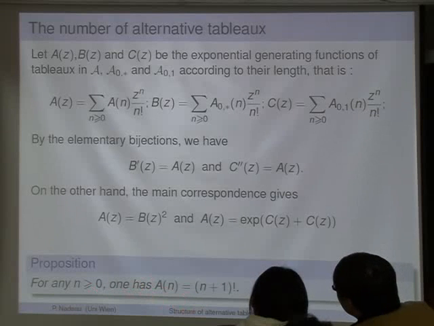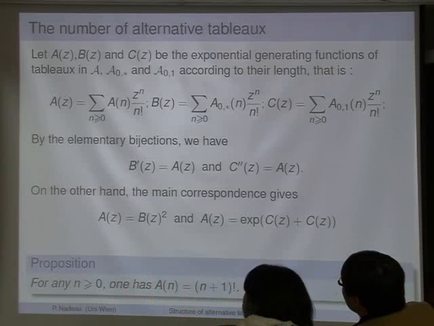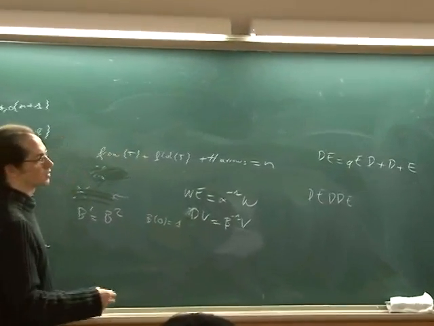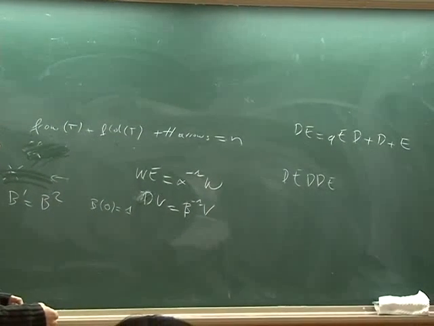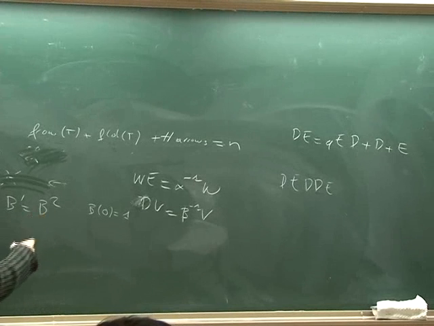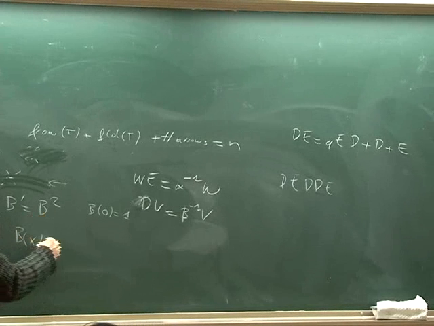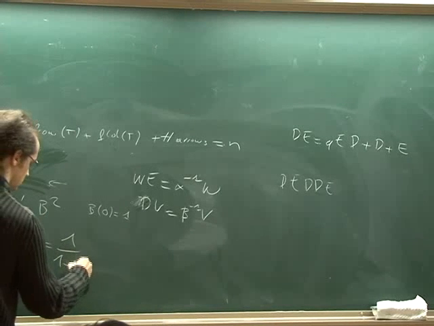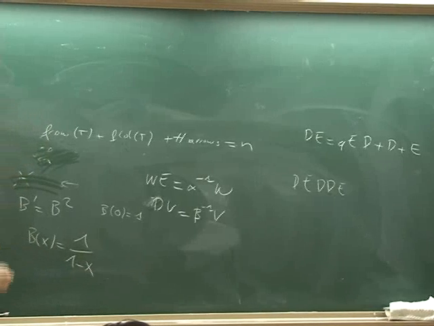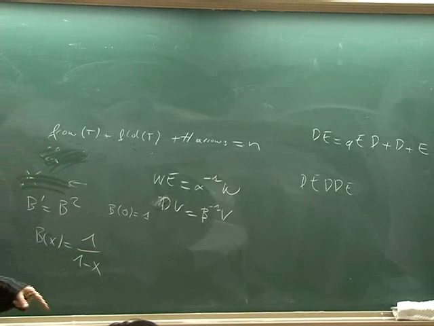That the number of tableaux A of n is equal to n plus 1 factorial. So if you take B prime equals B squared, and actually B0 must be 1, B0 is the number of tableaux. So the solution of this differential equation must be this one.